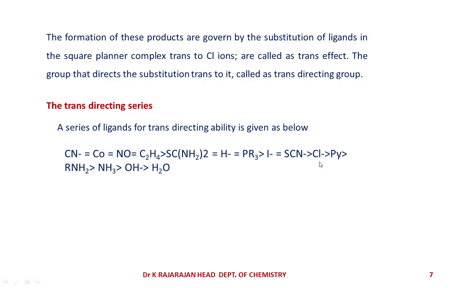Chloride in turn has a greater trans effect than pyridine and the substituted primary amine, which have more trans effect than ammonia. Ammonia has higher trans effect than OH minus, and OH minus has higher trans effect than water. So these are the series of ligands depending upon their trans directing ability.